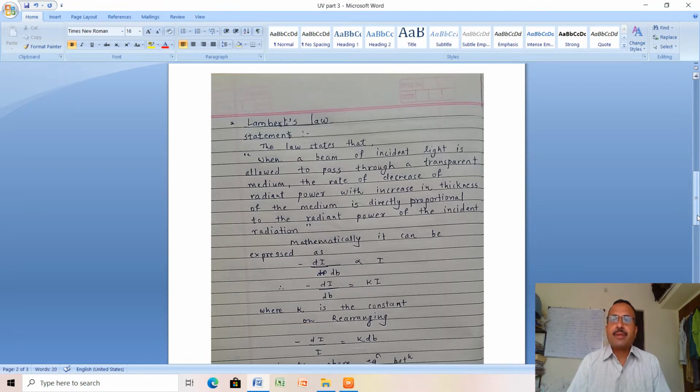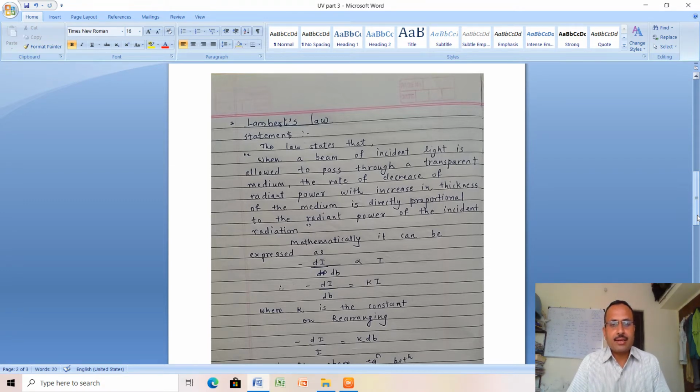Mathematically, it can be expressed as minus dI by db is directly proportional to I, where I is the intensity of incident radiation.